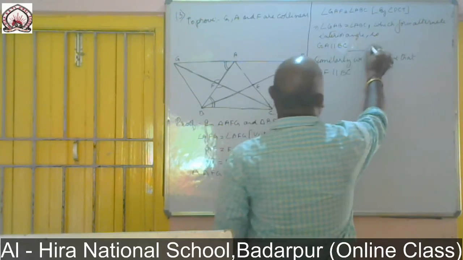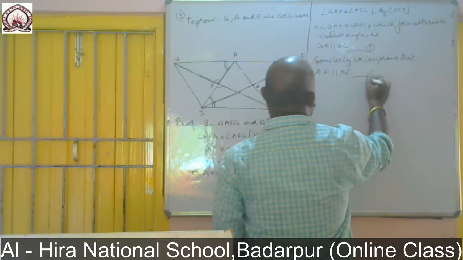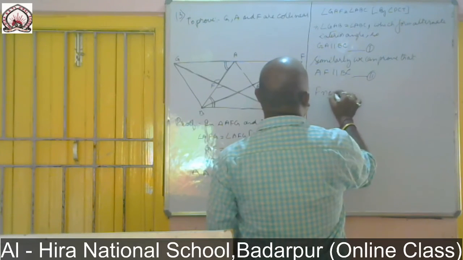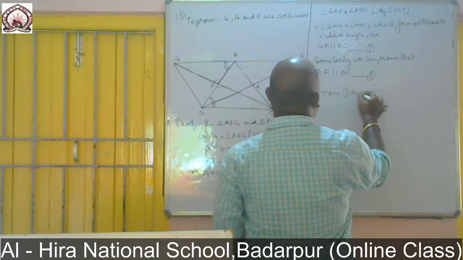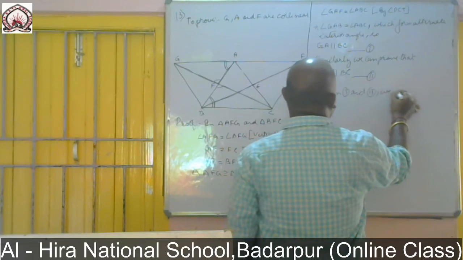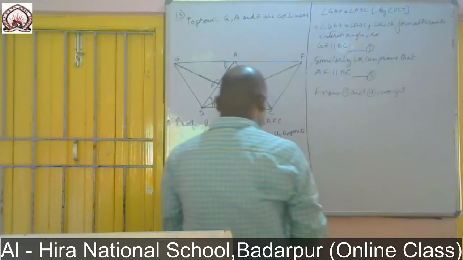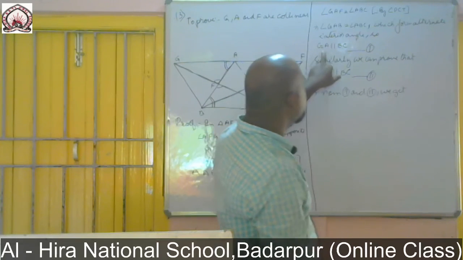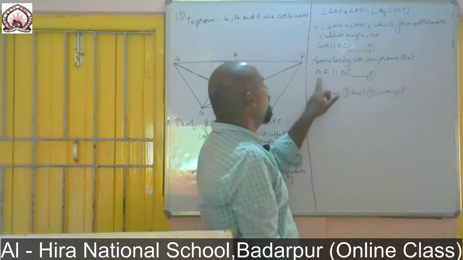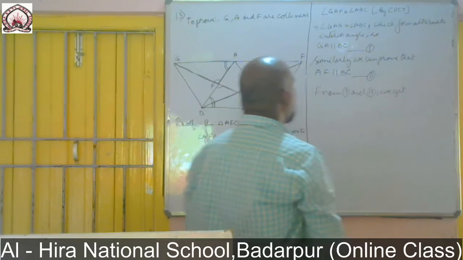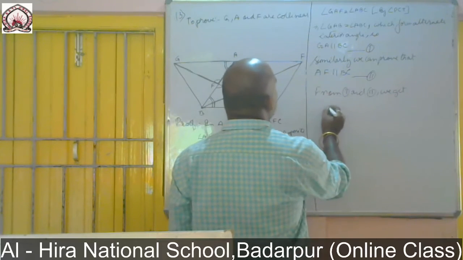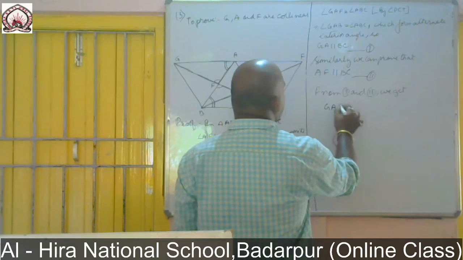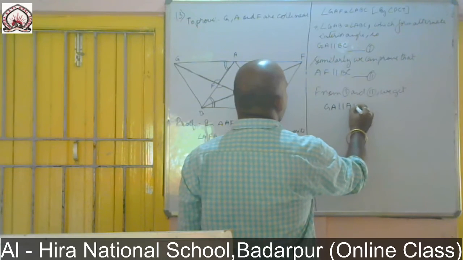This one is number 1. This is number 2. So from 1 and 2, see, GA is parallel to BC and AF is also parallel to BC. Therefore, GA is parallel to AF.